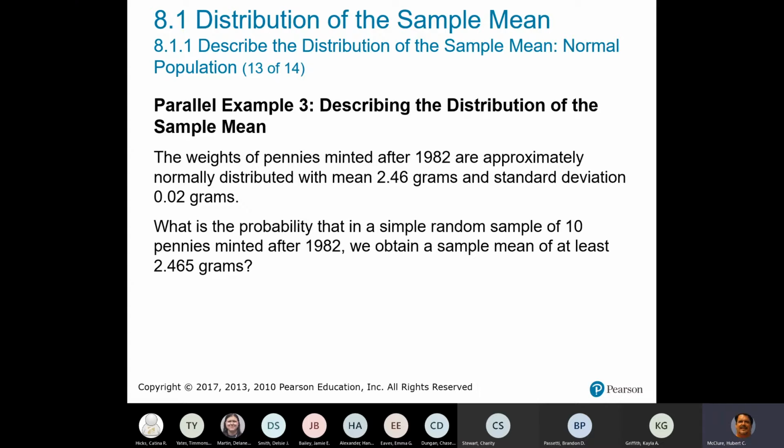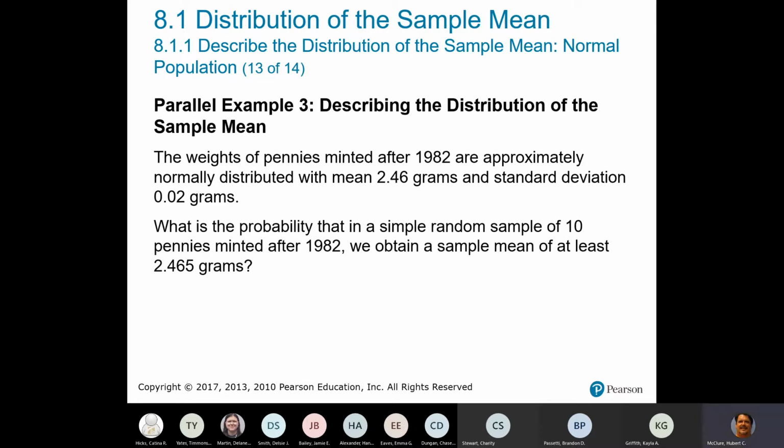This is how it will be worded. I'm going to write this on my paper so I can show it to you. Mean, that's equal to 2.46, and a standard deviation, that's equal to 0.02. And they say, what if you basically get a random sample of 10 pennies?